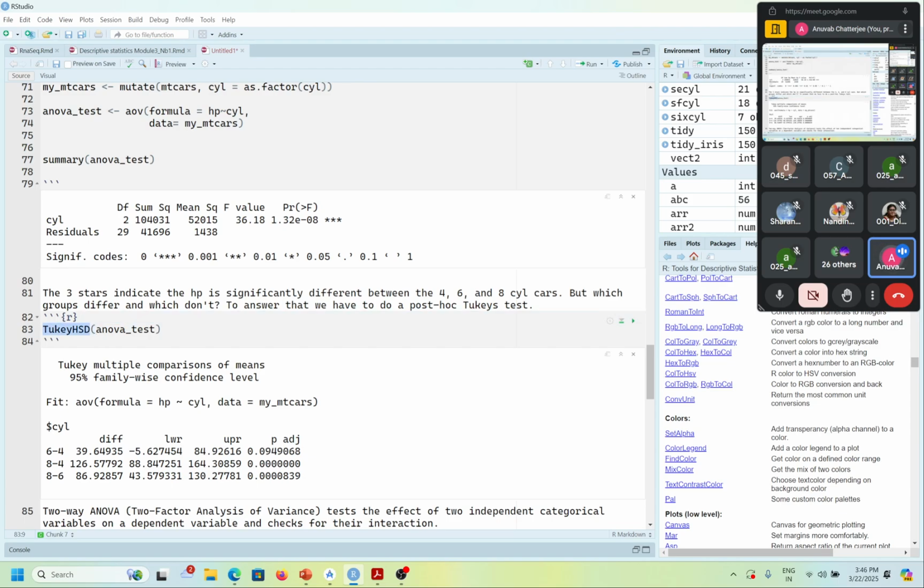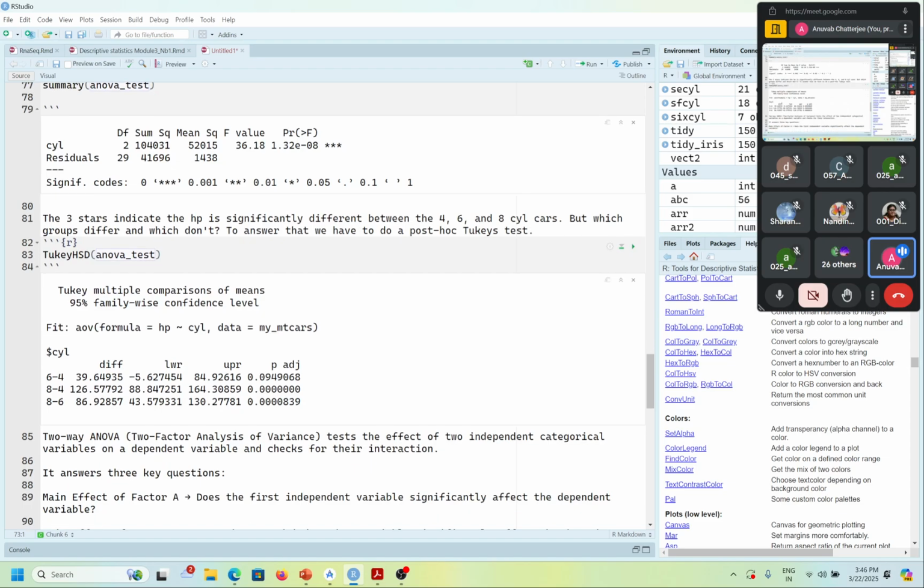You use the function TukeyHSD and then the ANOVA test, which is the result from this ANOVA here, and it compares the two groups 6 and 4 and gives you a p-value. So you compare which p-value is less than 0.05, and that gives you the idea that yes, these are the two that are different from each other. But here as you can see, 6 and 4 cylinders are not actually very different. The p-value is not less than 0.05. It is 0.09.